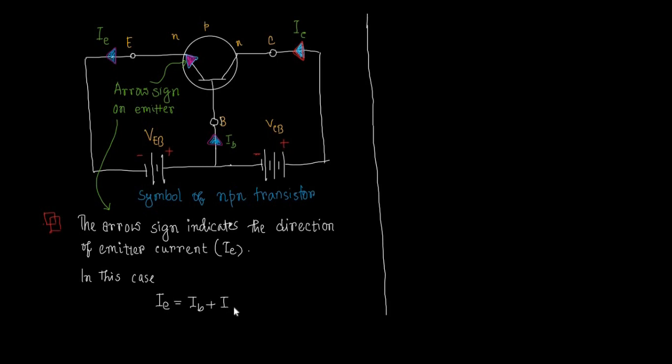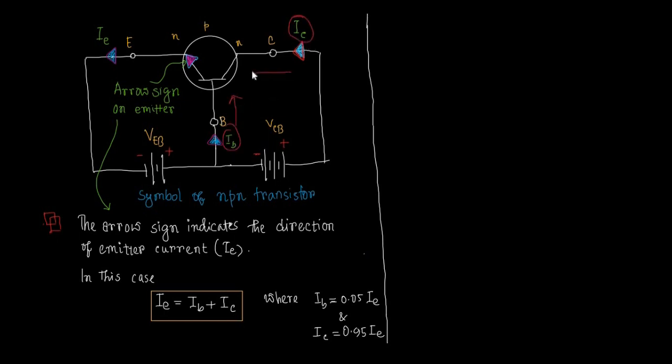That means IE is equal to IB plus IC, where IB is the base current, or IB is equal to 0.05 IE, and IC, which is the collector current, is equal to 0.95 times IE.